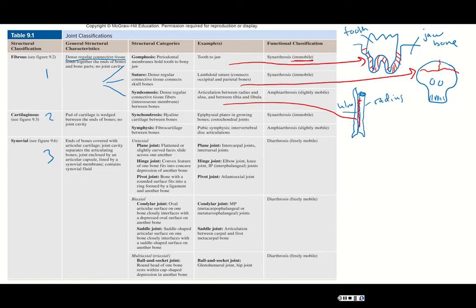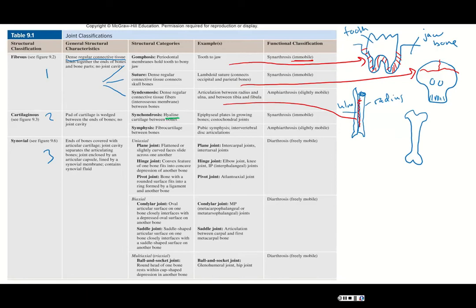Next, we're going to move on to the synchondrosis. And the epiphyseal plates we've talked about previously. So if you have your diagram of the bone, we talked about how this one is actually made out of hyaline cartilage, right?